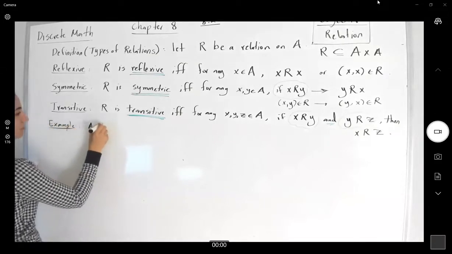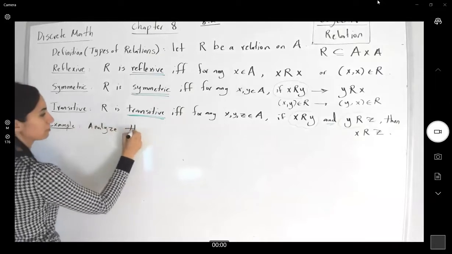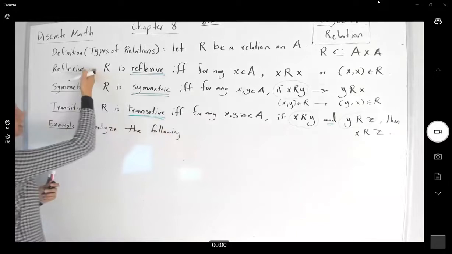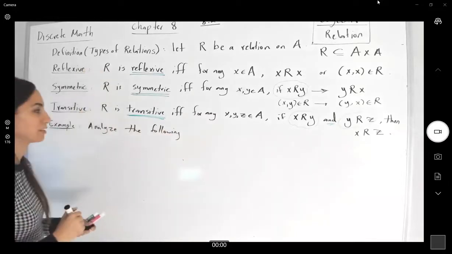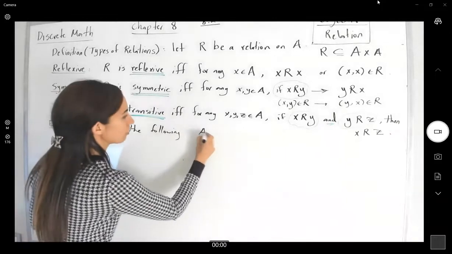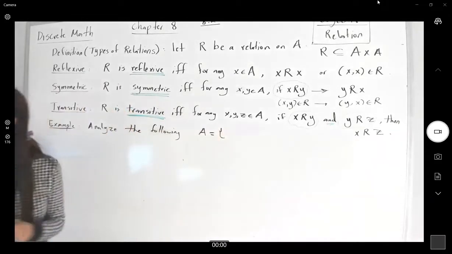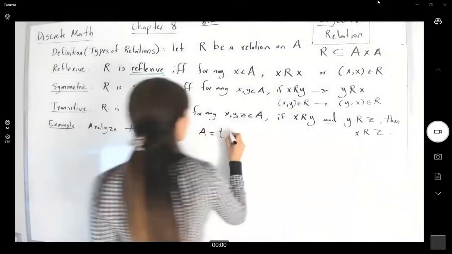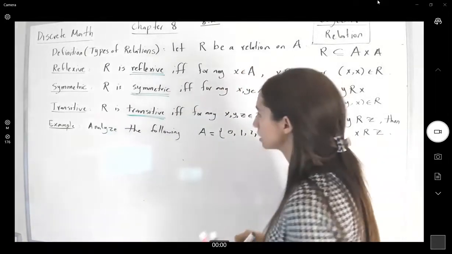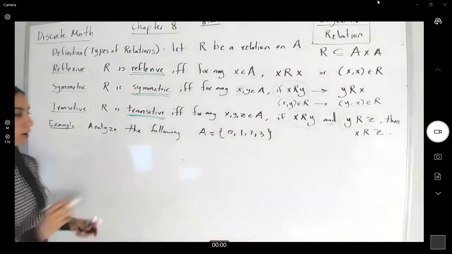Analyze the following. Which one is reflexive, symmetric, transitive? The first one says, first let's define set A. Set A is the collection of 0, 1, 2, and 3.